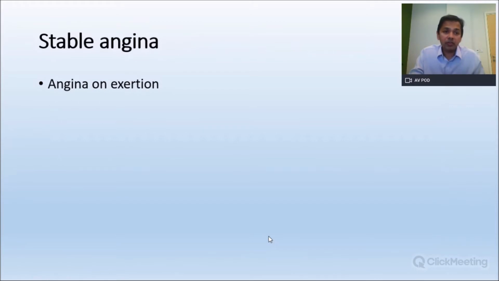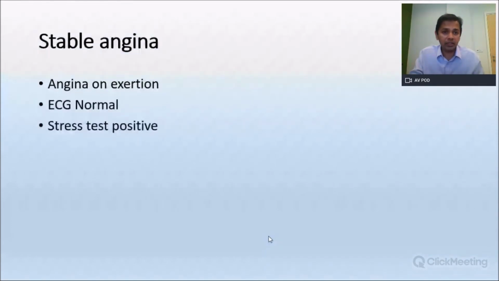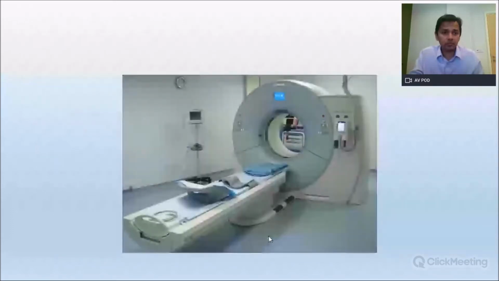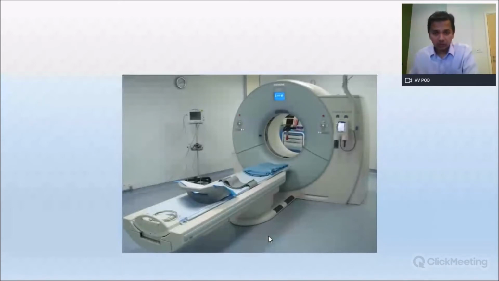Another case is a 50-year-old smoker. He came to me with a complaint of pain only on exertion, and when he's at rest he has no symptoms. The ECG was normal, so I did a stress test and it was normal. So we proceeded with a CT cardiac, and this is how a CT cardiac looks.